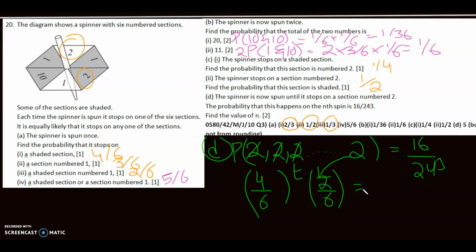So the answer should be 16 upon 243. I have shown that not 2 happens t times, and then 2 happens whose probability is 2 upon 6, and the product should be equal to this.